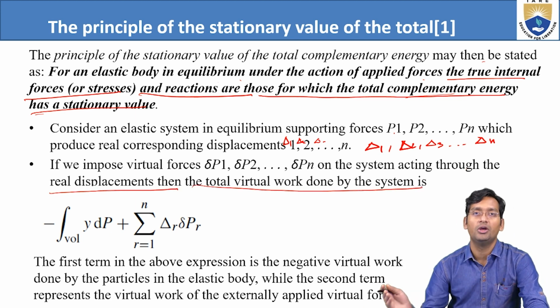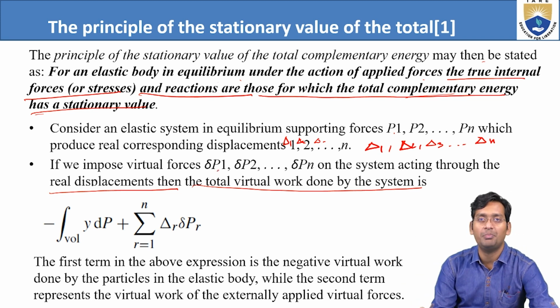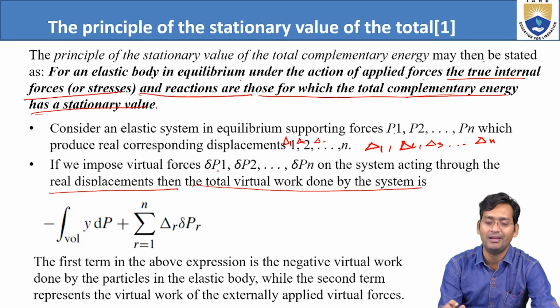Now what we are doing is applying or imposing virtual forces delta P1 at point 1, delta P2 at point 2, and so on, delta Pn at point n. Now because of that virtual load, acting through the real displacement, we find the total virtual work done by the system.